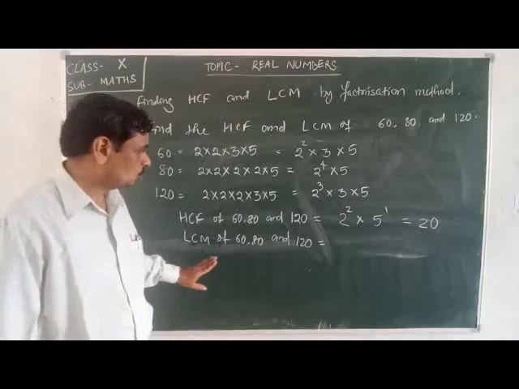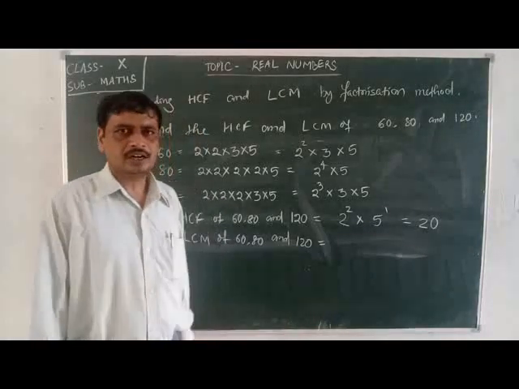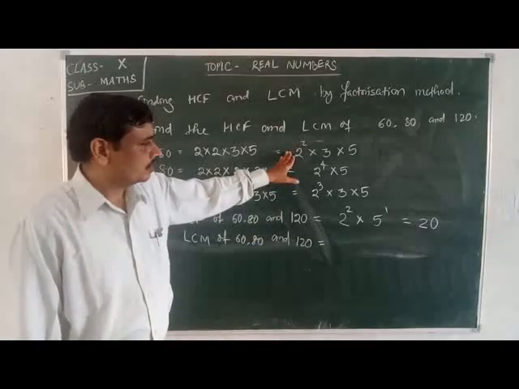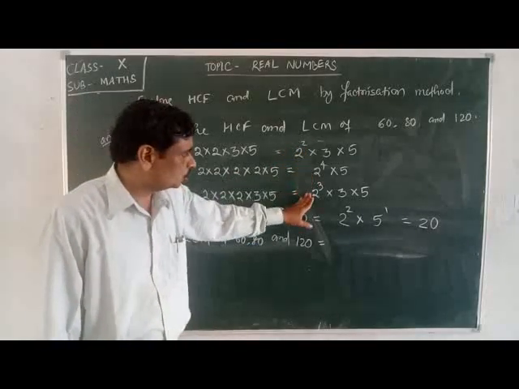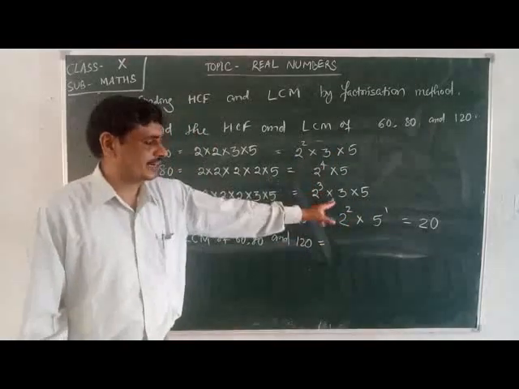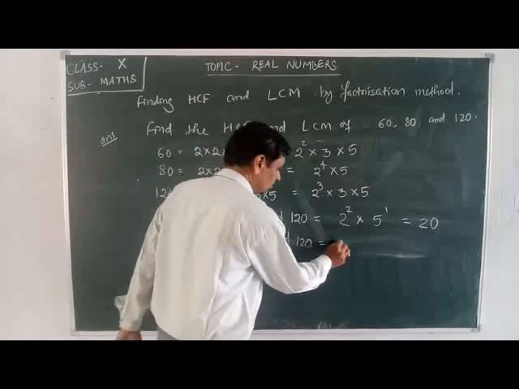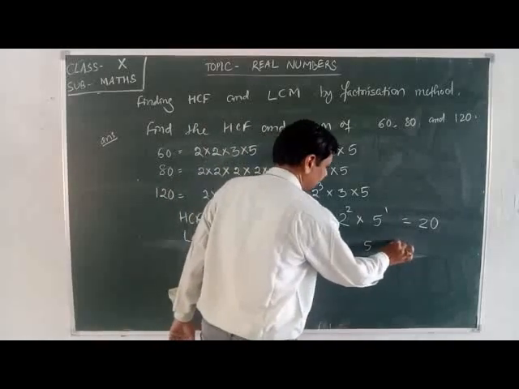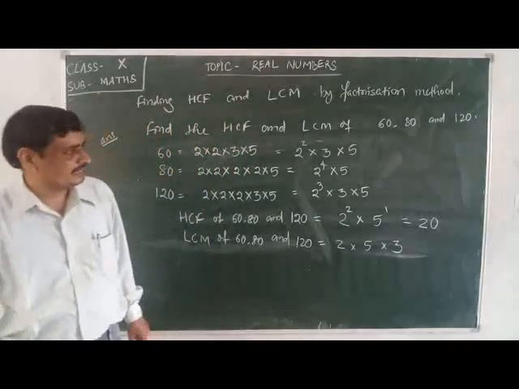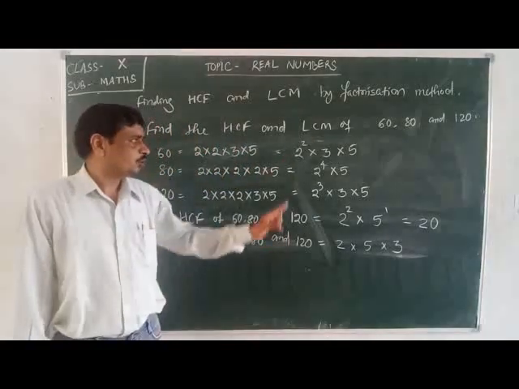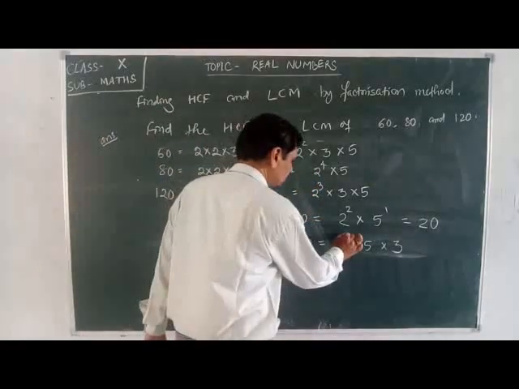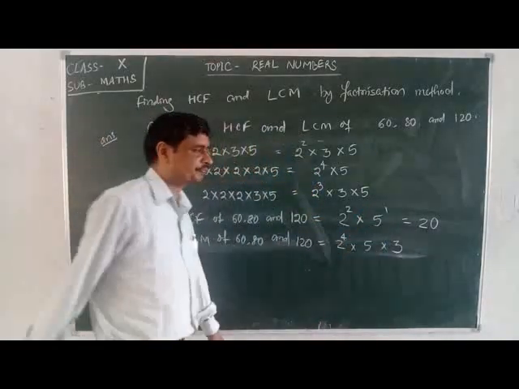First we have to take the common factors, that is 2 and 5. What remains we have to write down. First we take 2, then 5, then 3. Next, the maximum times 2 is coming is 4, so we write 2 to the power 4.